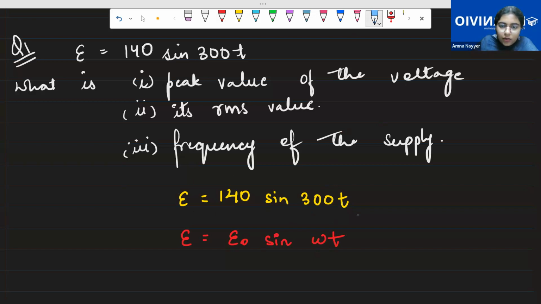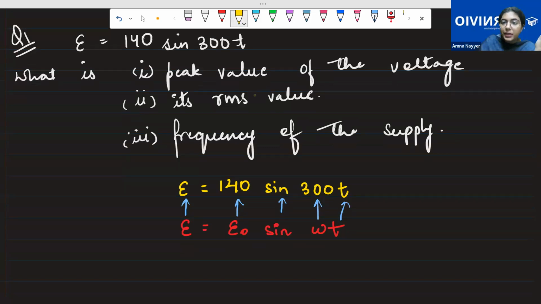In this equation, which quantity is replacing it? So E naught is equal to 140. E naught is representing this. Sine has been written. Omega is representing this term. Same equation, it's just the analogous part is written.